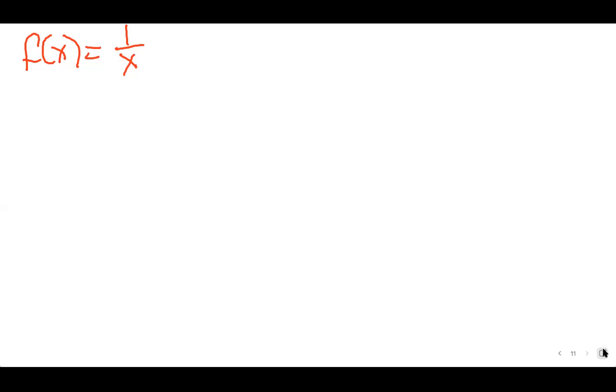So, let us find again the other one, which is the f of x. Ayan, ulit. F of x plus h equals 1 over x plus h. Right? So, may 1 tayo dito.